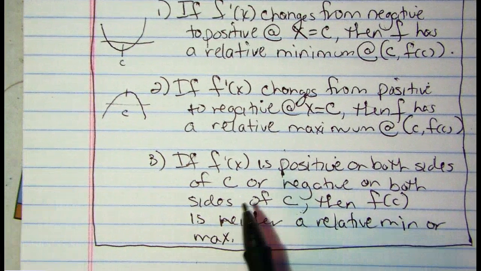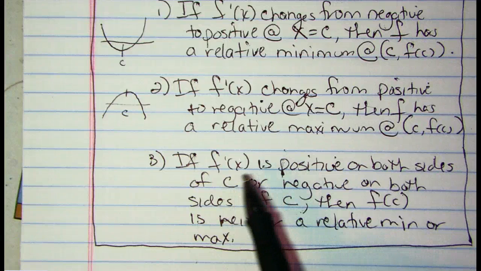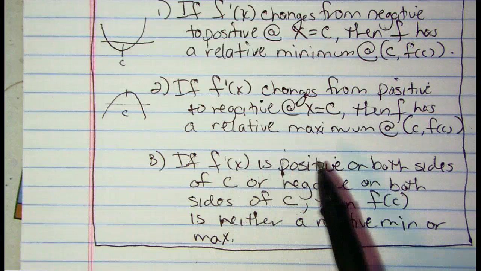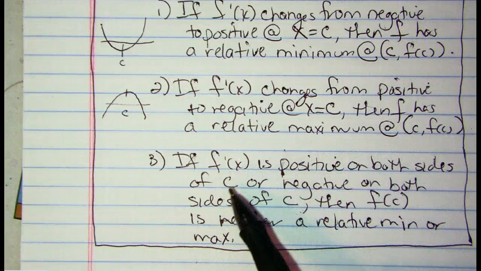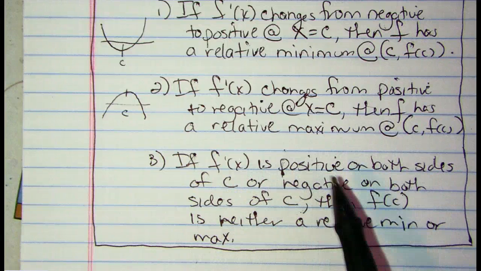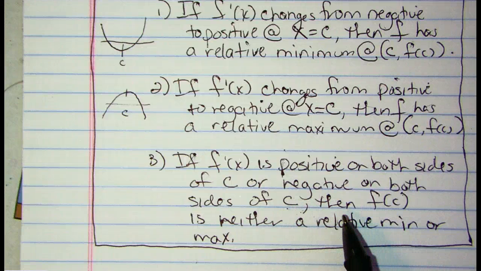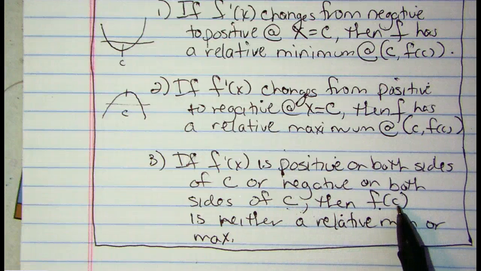If the first derivative, or the slope of the tangent line, is positive on both sides of my critical number, or negative on both sides of my critical number, then f of c is neither a relative min nor a relative max.